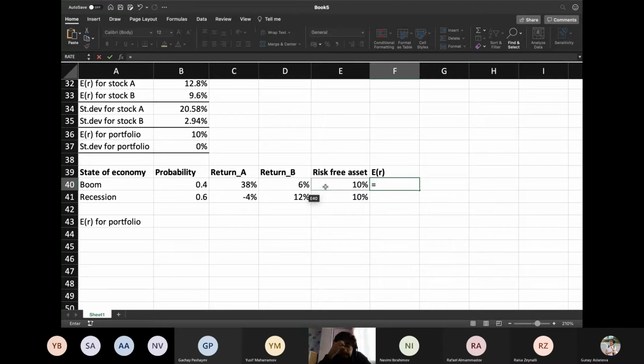If we are investing 30% in the risk-free asset, what we are left with is 70%. Therefore, we should divide 70% into two equal parts, 35% for stock A and 35% for stock B. So 0.35 times return A plus 0.35 times return B, and 0.3 for the risk-free asset.